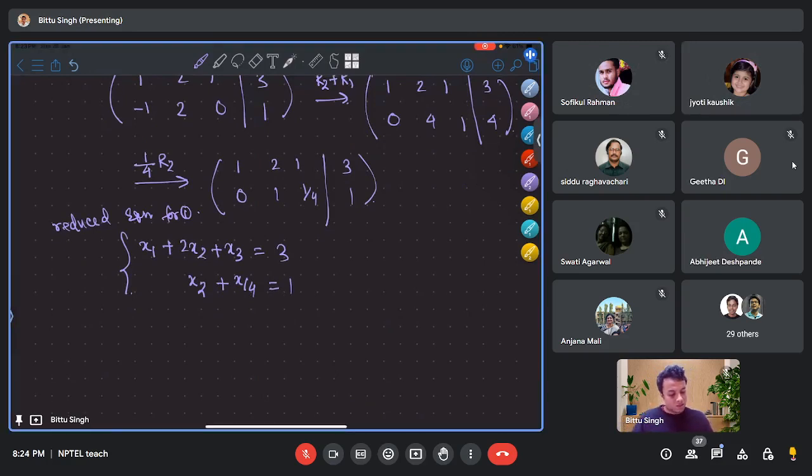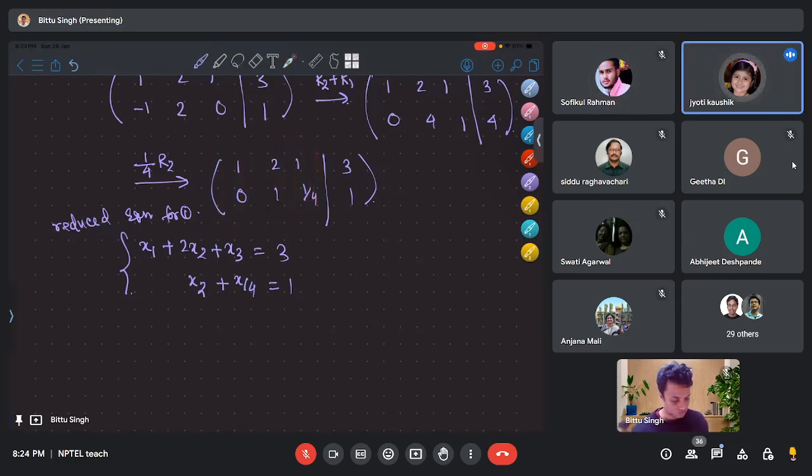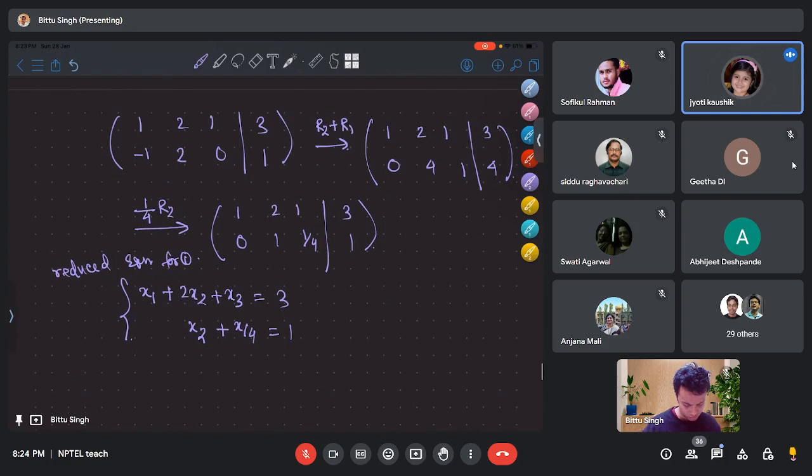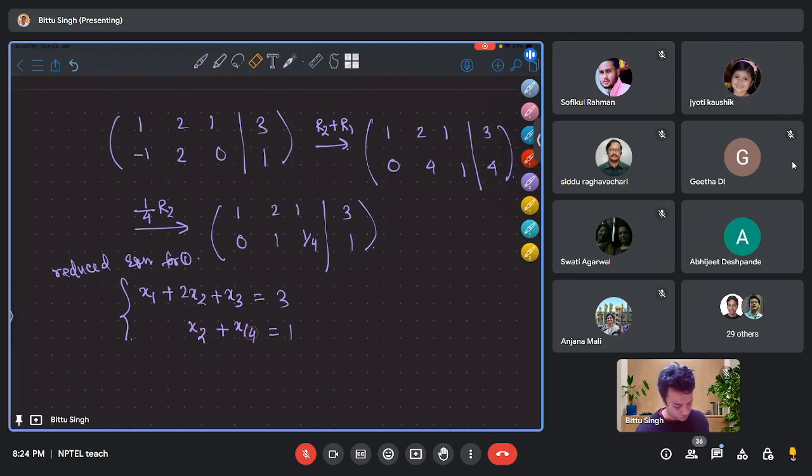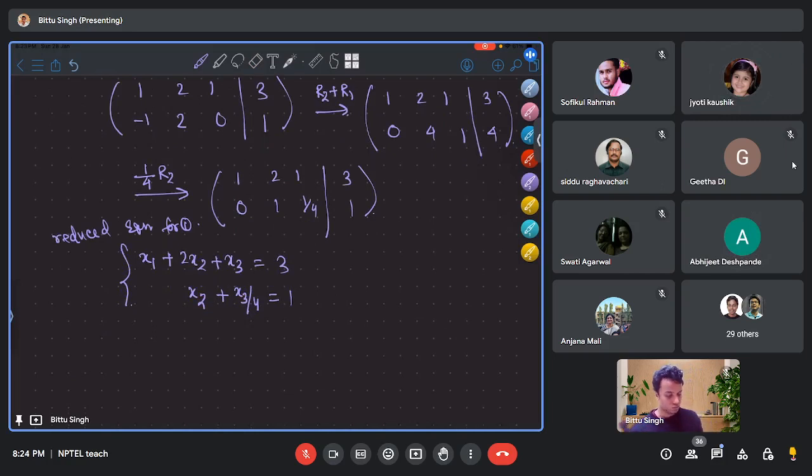You can see the pivots are in the first column and the second column. In the third column there is no pivot, so you can choose the third entry anything. So choose x3 to be t, where t is any real number.